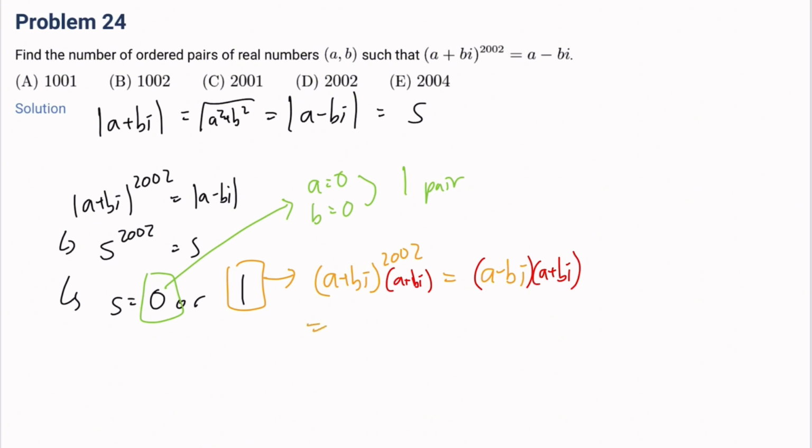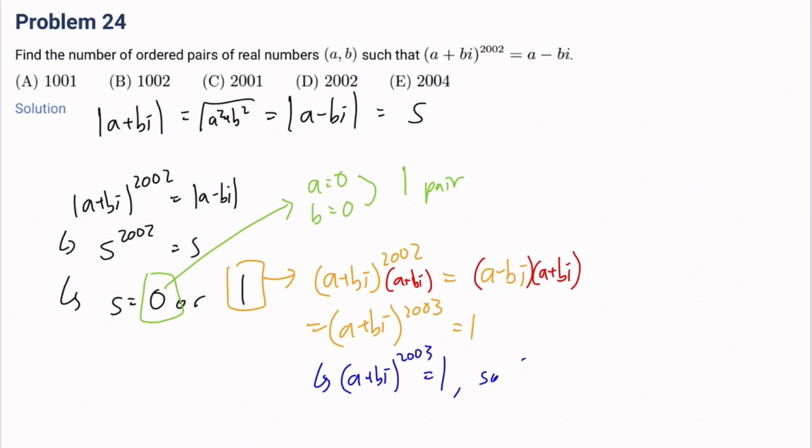And so that will be equal to a plus bi to the 2003rd power, and that will be equal to a squared plus b squared, right? And this is s squared, which is 1, right? And so a plus bi to the 2003rd power is just equal to 1.